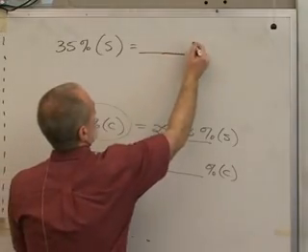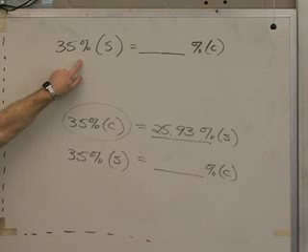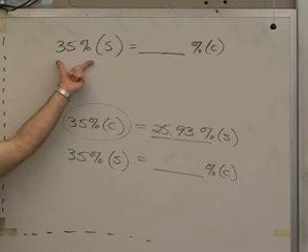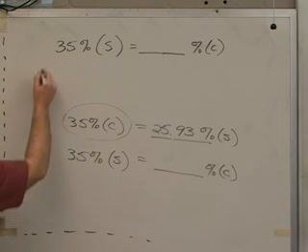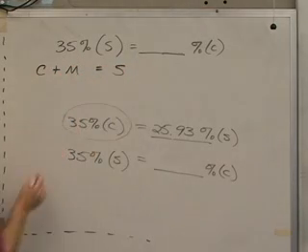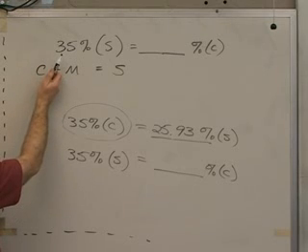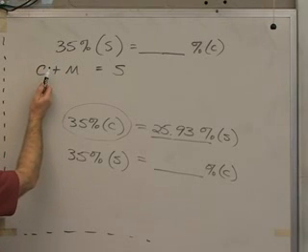Well, let's set up a situation that illustrates this that we're given. Cost plus margin is always equal to selling price. In this example, if it's 35%, where's the 35 go?